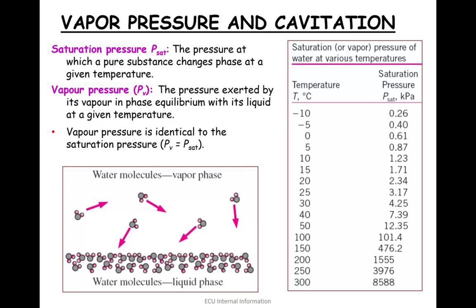Then you reach a point near the boiling or during the boiling where you will see the lid jumping up, making noise. That means this is the state where the vapor pressure has reached the saturation stage.